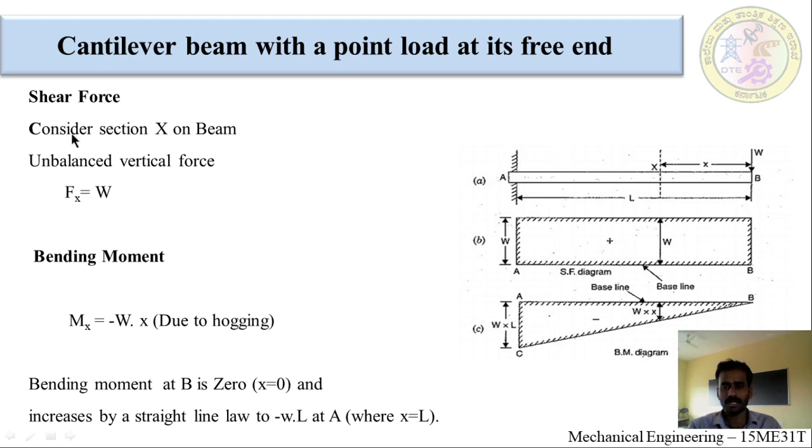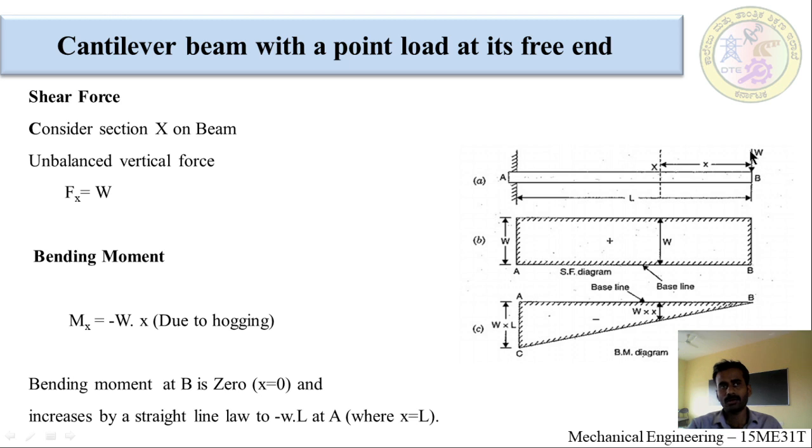Shear force at a particular section, that is, consider section x on the beam. The unbalanced vertical force on the right side of this section is the only force, W. So Fx is equal to W. Now what is the bending moment? The bending moment is the moment of this force about section x.